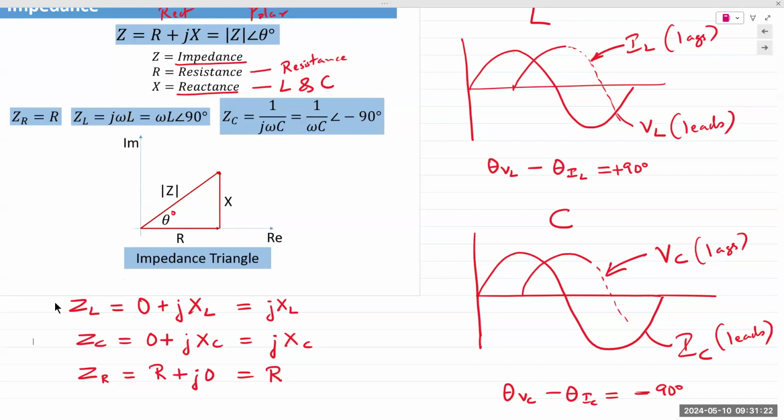Z encompasses reactance, and so in that case we can say impedance is the reactance. The reactance is not even used outside of technical talks or technical books.